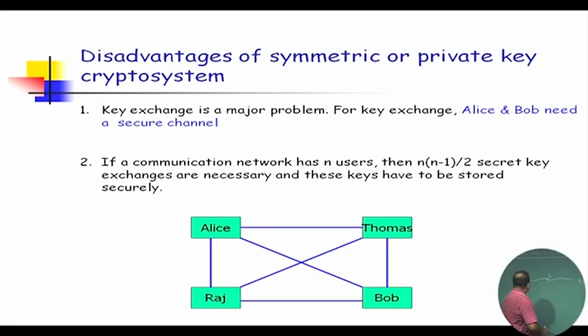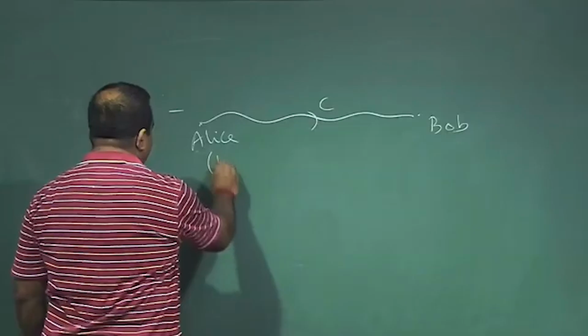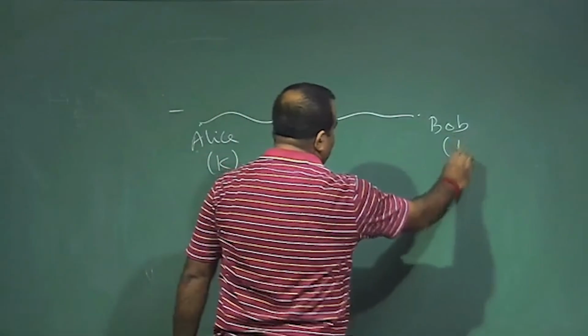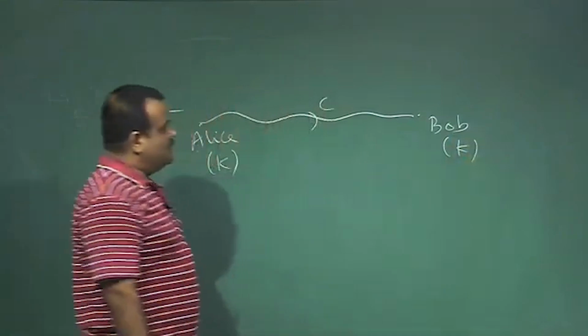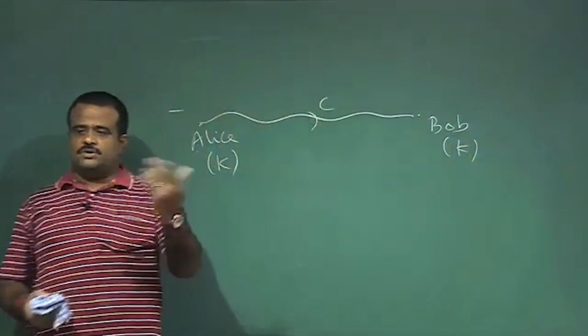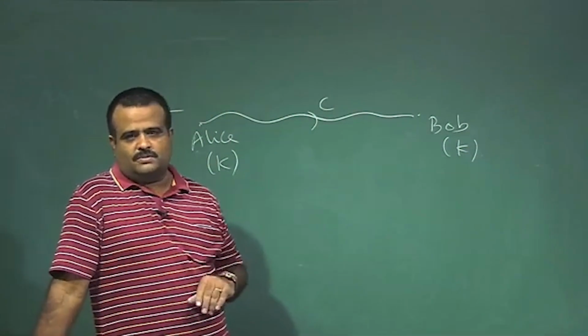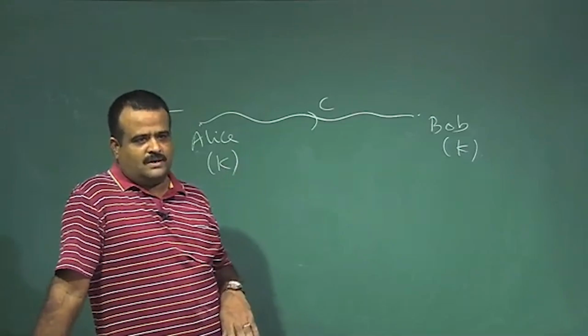Okay, now let us talk about the disadvantages of this symmetric key crypto system. The first disadvantage is how they agree on this common key K. Either they have to use a secure channel, which may not always be possible because we are assuming everything is public, over telephone.